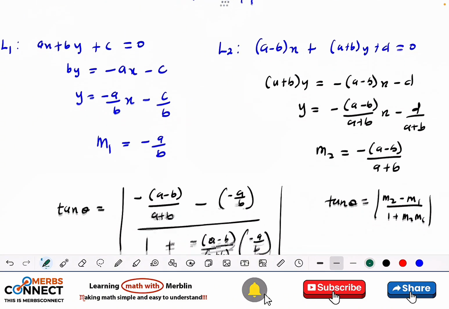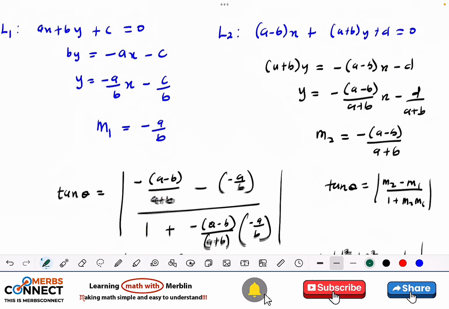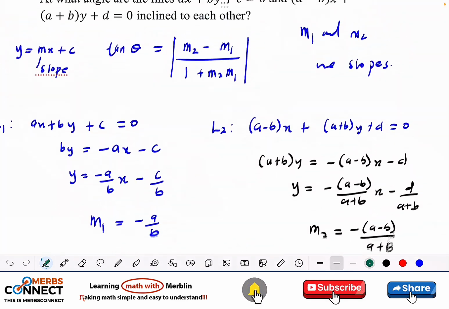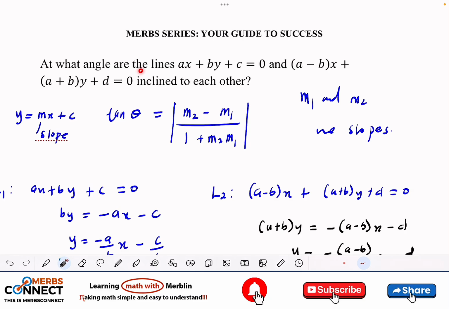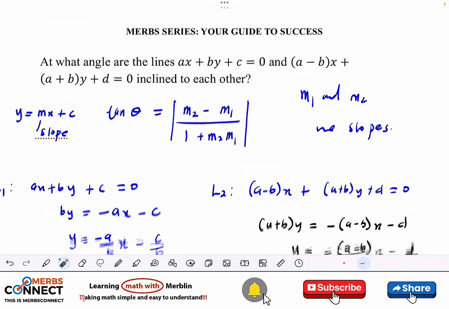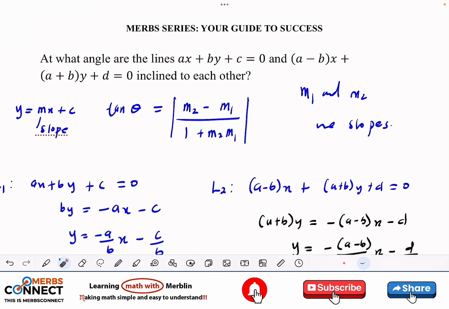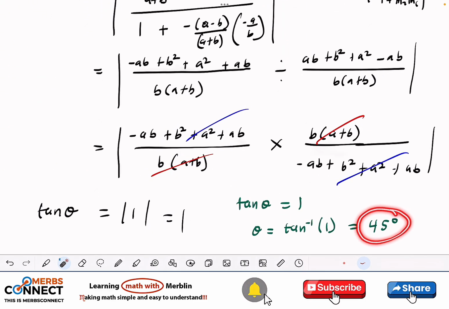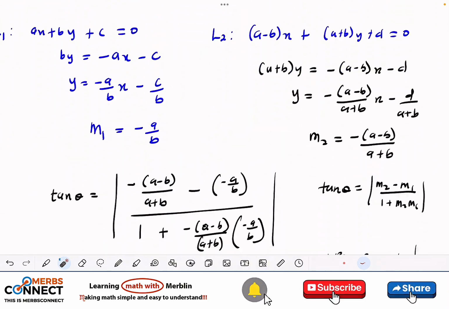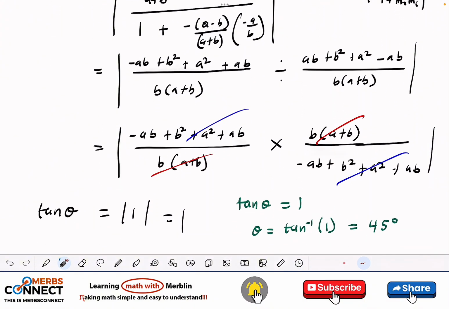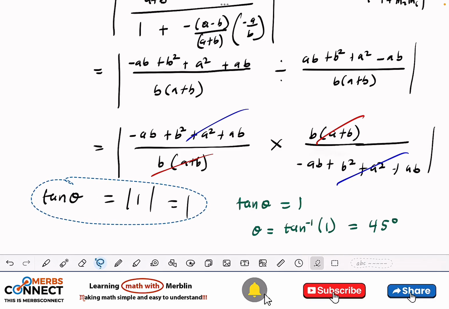Wow. So now we can conclude that the lines are inclined at 45 degrees to each other. So that's the conclusion that we can make here. So let me see if I can write the solution here for you. So let me just move this one up and write the total.